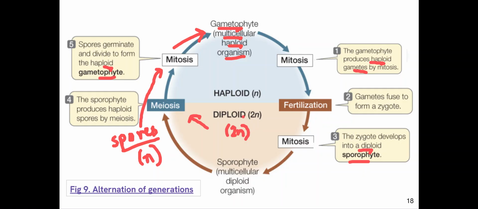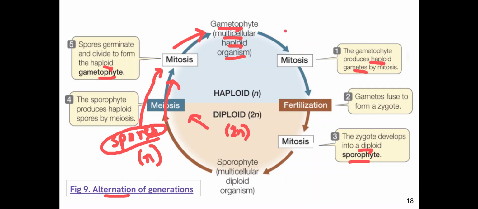Now, as you can see, there is an alternation of generations. First, it starts as a diploid organism, does meiosis, and produces spores. As soon as meiosis happens, it enters the haploid phase of its life cycle.